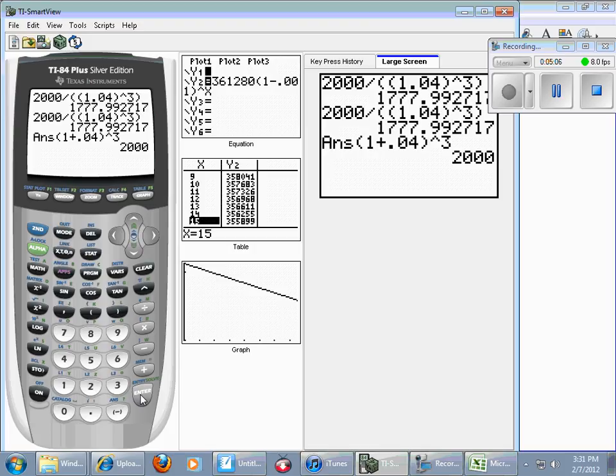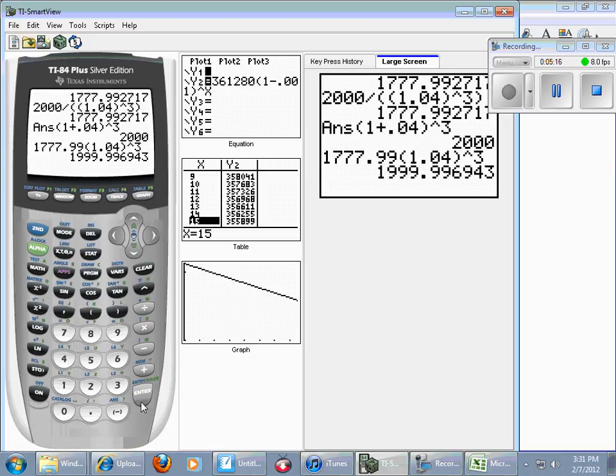That's why. If I do 1777 and 99 cents times 1.04 raised to the third power, notice I get something pretty darn close to 2,000. And if I round to the nearest penny, I do turn it into 2,000. That's because I used the rounded $1,777.99.